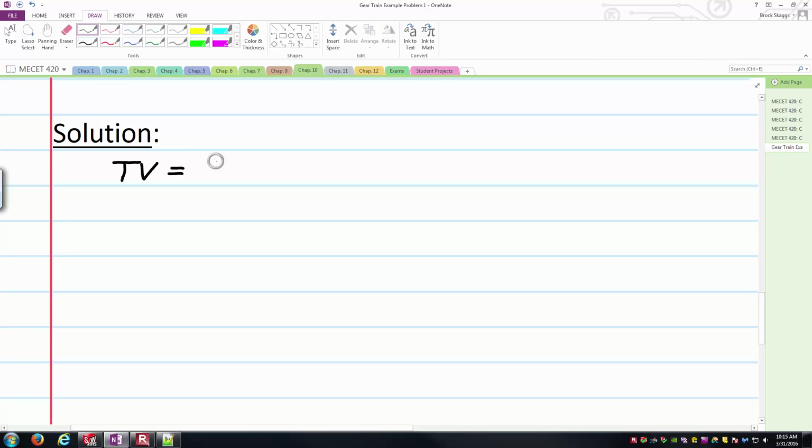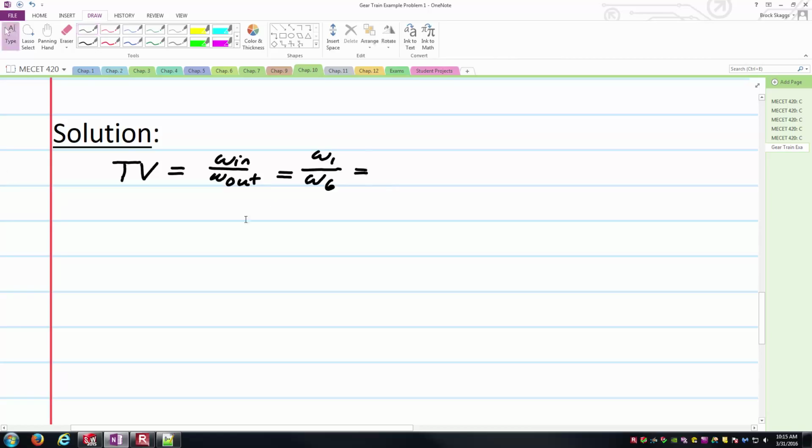I can write that as omega in over omega out, as I believe it's defined in the text. For us, omega in is just omega 1, and omega out is omega 6, to match the nomenclature we were using above. This is equal to the product of all the velocity ratios happening between all the individual gear meshes.